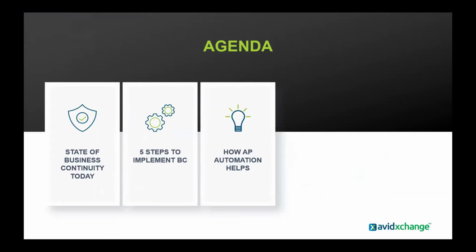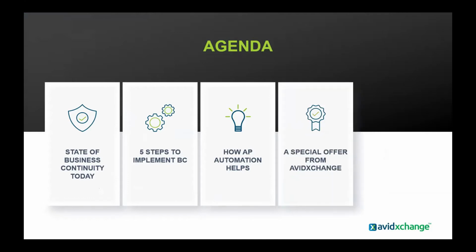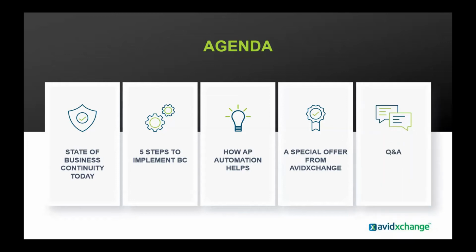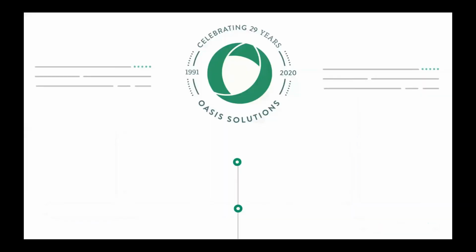We're talking about how AP automation helps as part of that business continuity and how Avid allows our customers to operate and ensure their AP is running smoothly from anywhere on any device as long as they can connect to the internet. And then Avid has provided a special offer today as well that Jeremy's going to speak to so that our customers can take advantage of that. And as I mentioned before, we will take questions after.